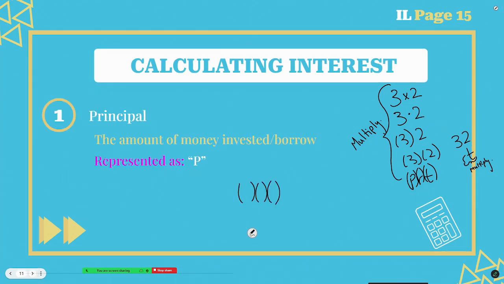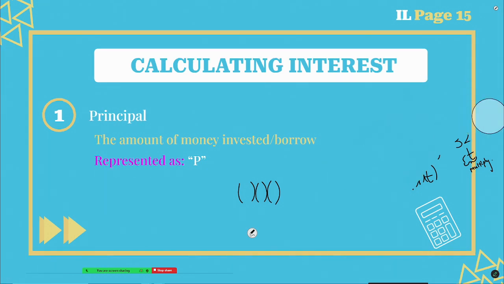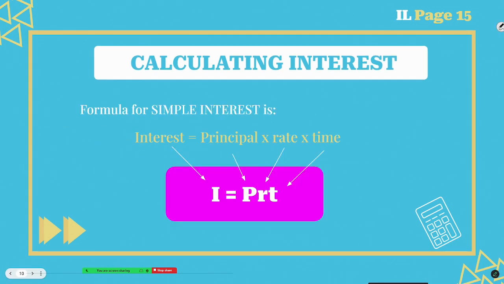Well, what does principal mean? What does rate mean? And what does time mean? The P in our formula stands for principal. It is the amount of money that is invested or borrowed, and it's represented as the letter P. So when we have our large formula, we have I, because we're trying to find interest.